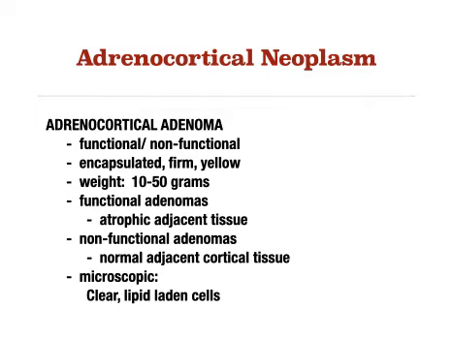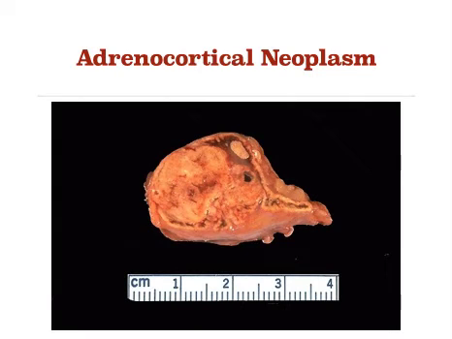Okay? So microscopically, adenomas are simply composed of cells similar to those populating the normal adrenal cortex. So this is a typical cortical adenoma which is well circumscribed. The tumor could be very big and very heavy, and the cross section usually appears yellow to yellow brown.